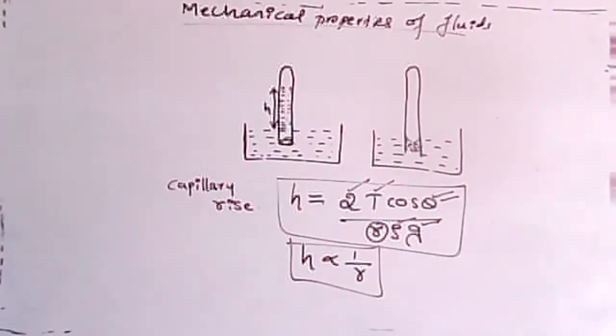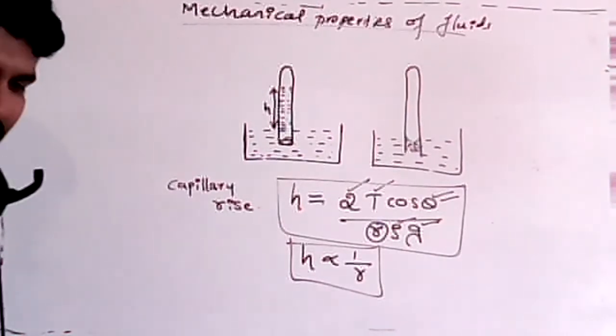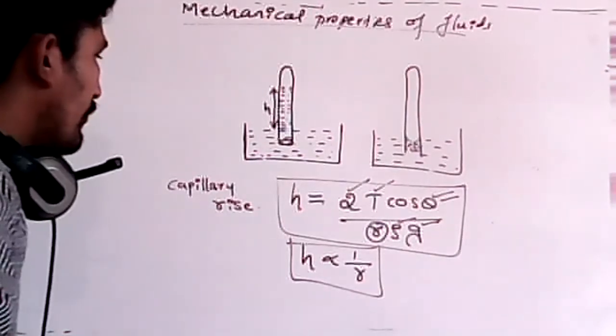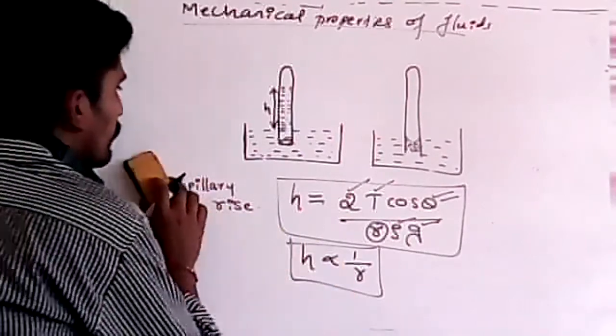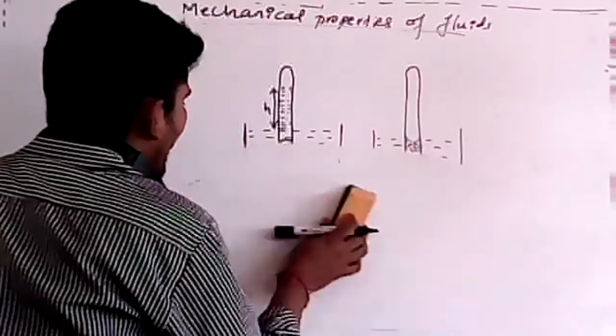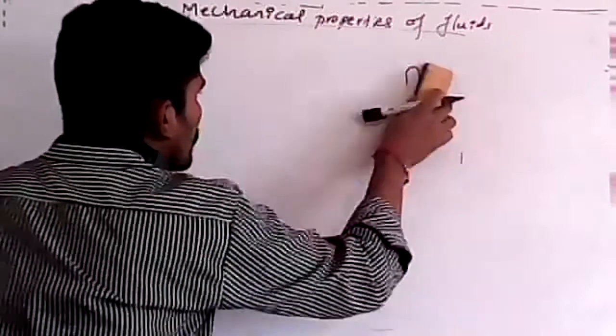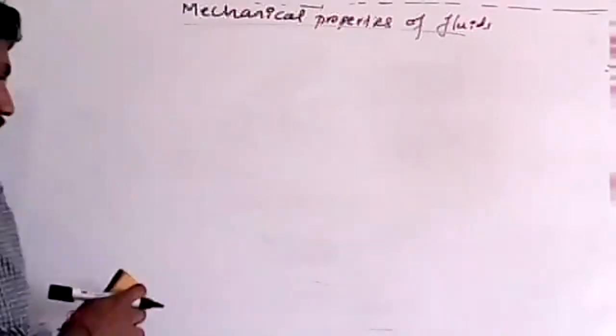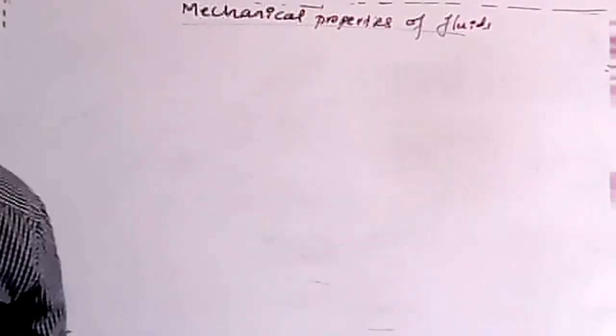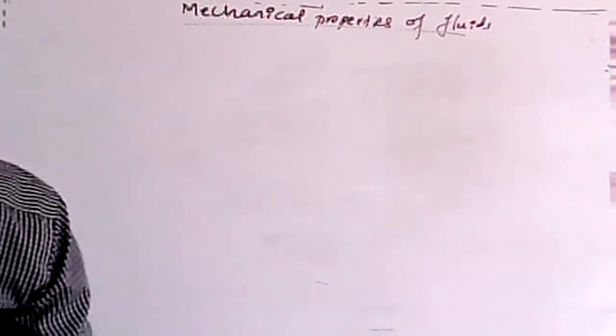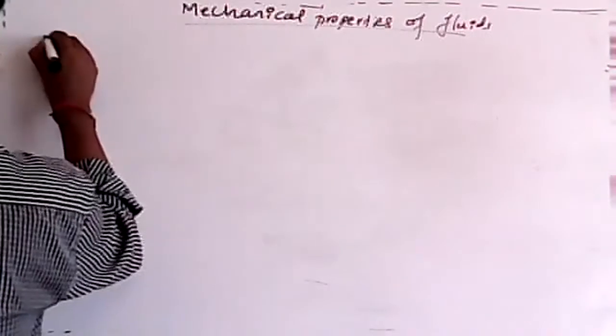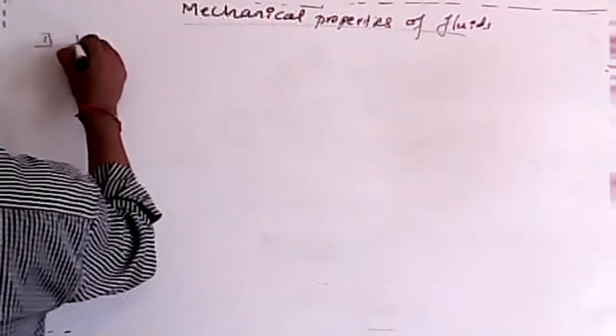Here theta means angle of contact. We will solve a few problems. Just try to solve them based on this equation. Let me write the first problem. We'll see how many of you are able to solve this question.